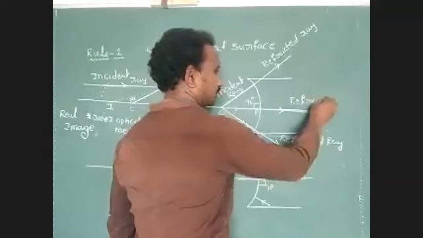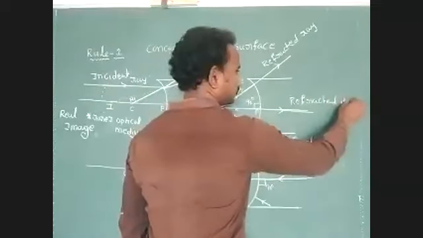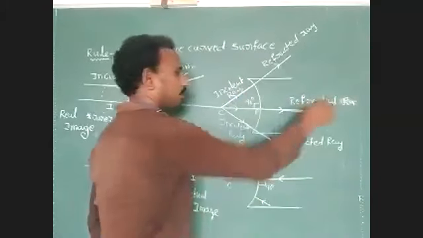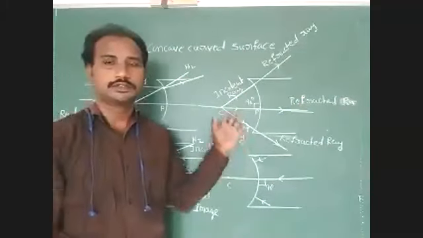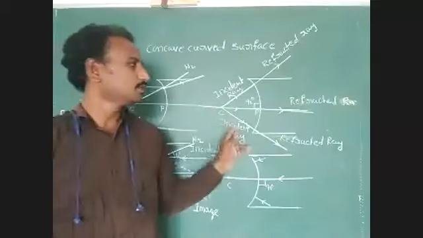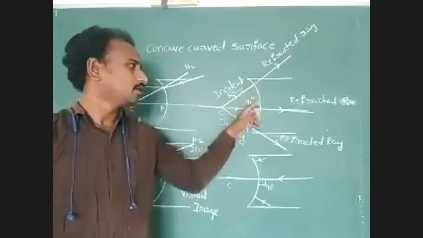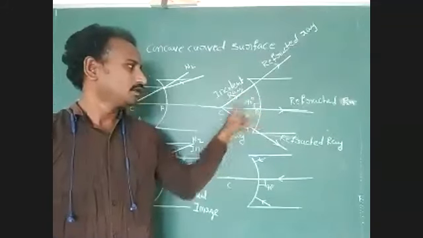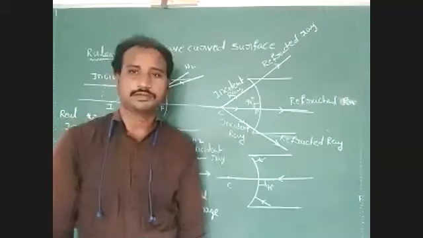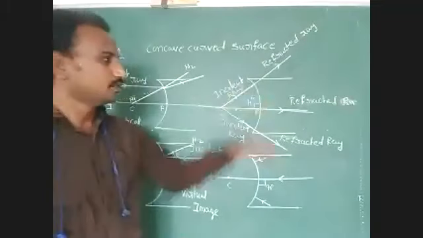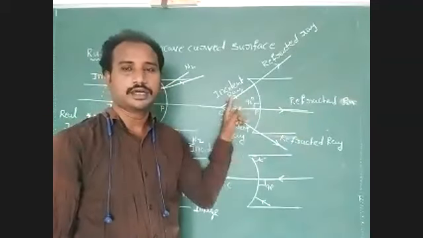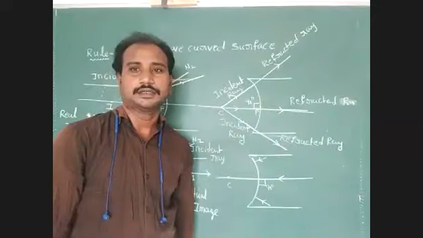The incident ray direction and refracted ray direction are almost the same. This condition is possible because the incident ray makes 90 degrees with respect to the curved surface. Then the refracted ray can follow the incident ray direction.